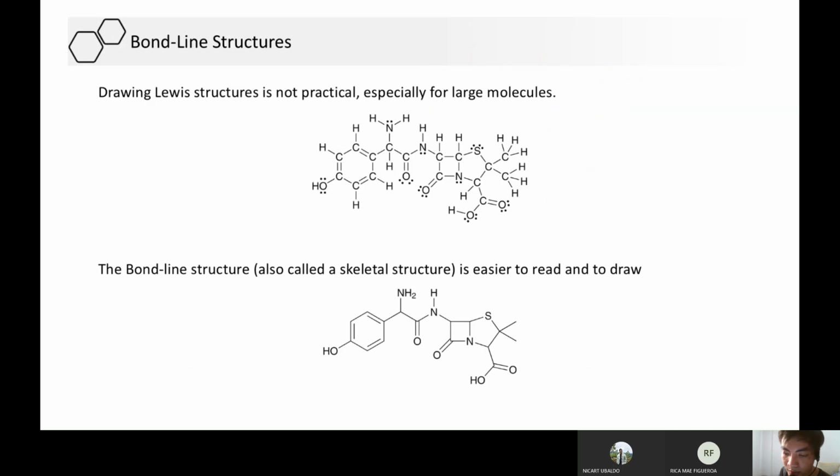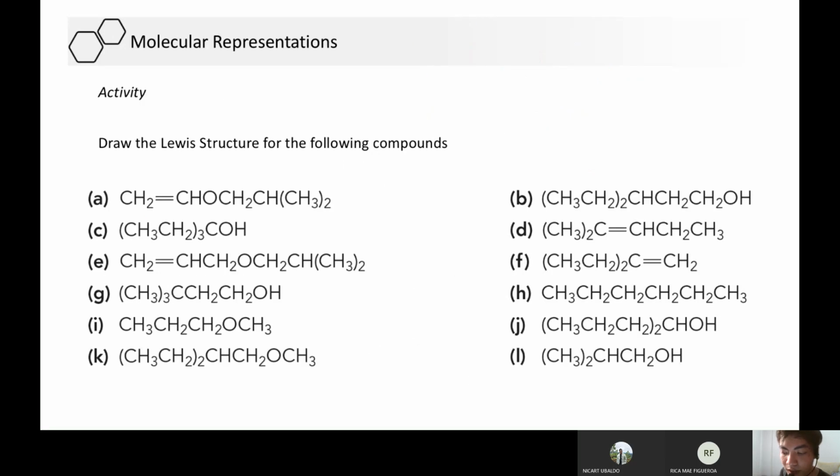Letter B tayo. Sige, try nyo muna yung letter B. So, ano yung idea sa B?